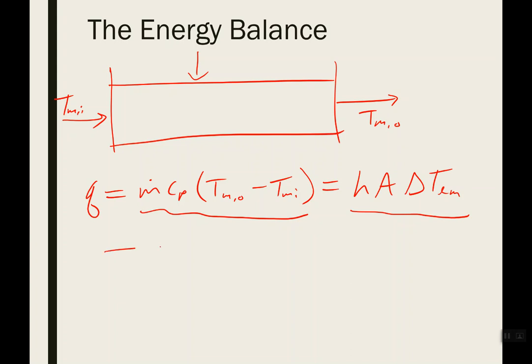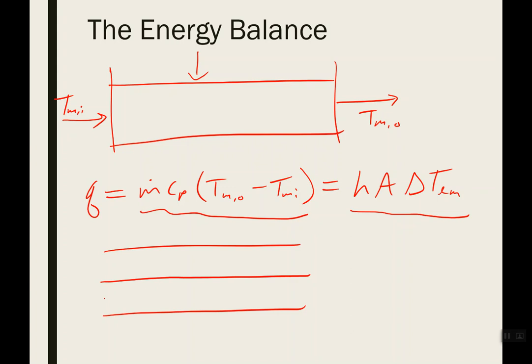In the future, when we talk about heat exchangers, there will be a third equation added to the mix. Let's say this were just a simple two-plate heat exchanger, and we had a hot fluid here exchanging heat with a cold fluid.